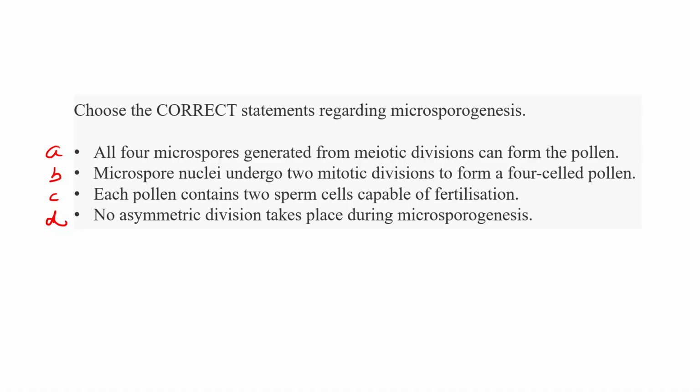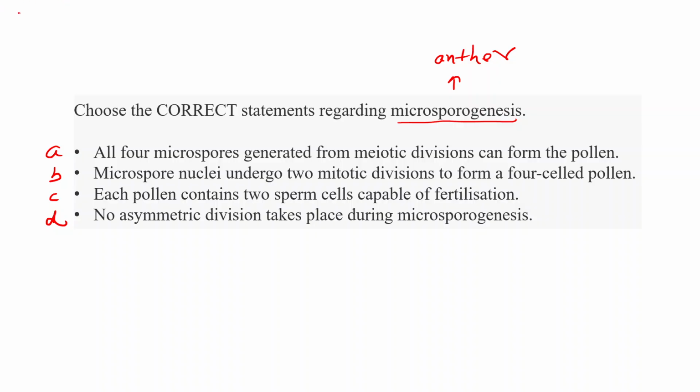Basically, microsporogenesis happens in the anther. Megasporogenesis is a process where a megaspore mother cell in the ovule undergoes meiosis, and here the microspore mother cell is in the anther.